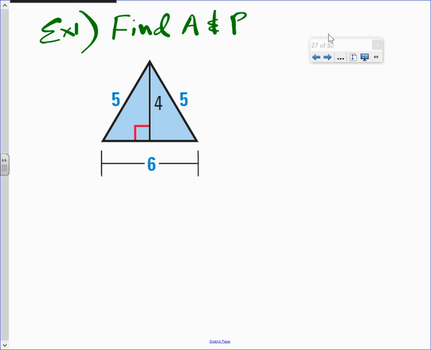I put find A and P. A is for area, P is for perimeter. Let's find area and perimeter. Go ahead and draw this. Just going to do 3 simple examples. So again, this is all on yesterday's notes. This is a continuation of yesterday's notes. That note guide I gave you is just a reference sheet.